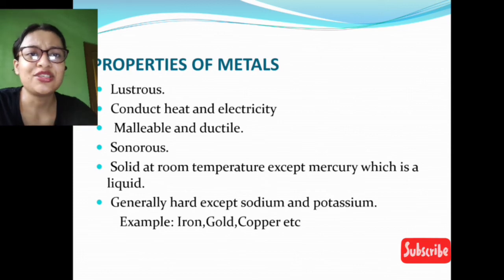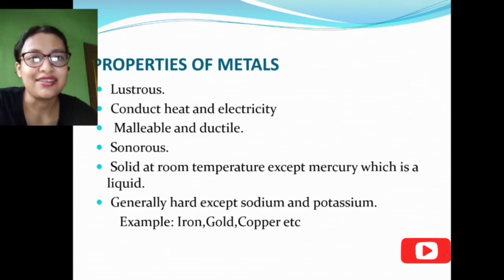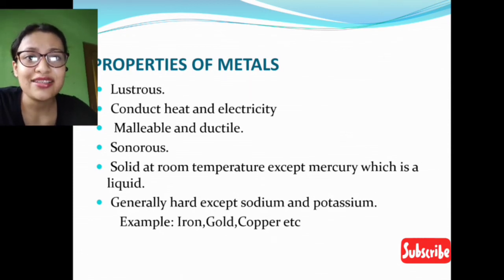Now let us know about the metals. So how are the metals? Metals are lustrous, that means they have a shiny appearance. We can take the example of gold, it has a shiny appearance, right? Next, metals conduct heat and electricity, meaning they are very good conductors of heat and electricity.